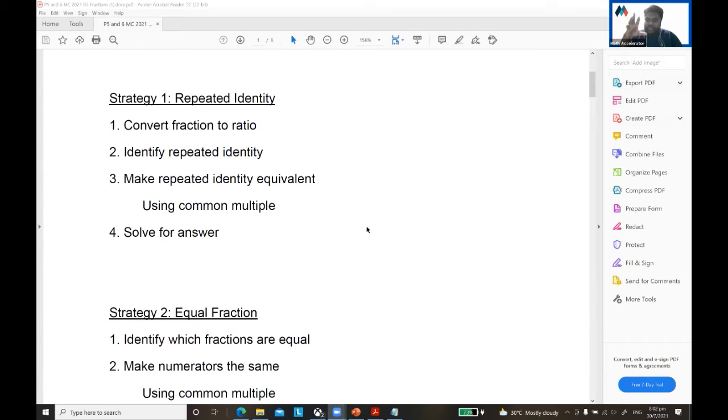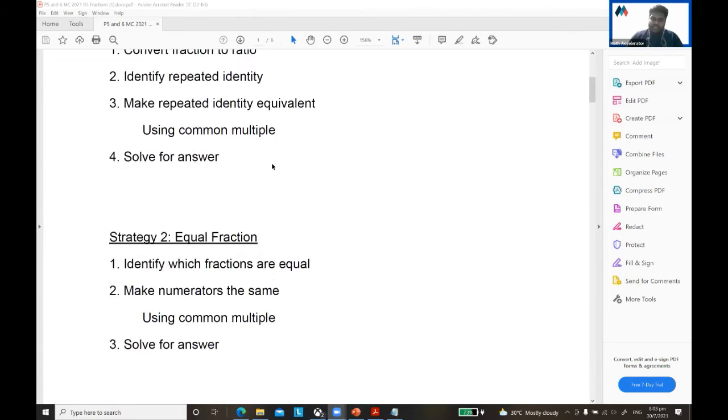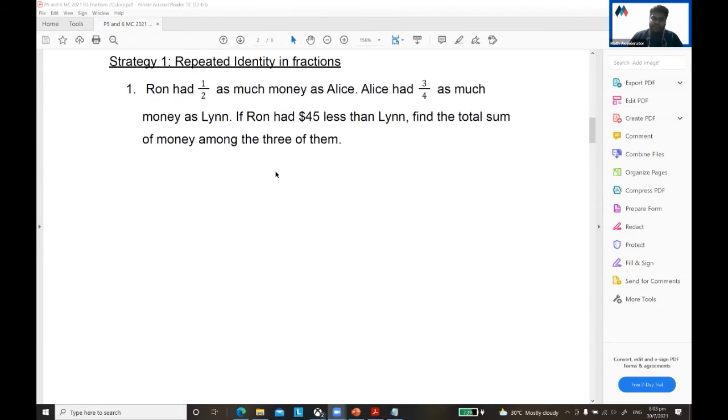Firstly, we convert fraction to ratio. Then in a sentence, there'll be an item or a name that is repeated twice, and we'll highlight that. Make sure the highlighted name has an equal amount of units. We'll do that using common multiple, and after that we solve for the answer. So let's get right into it.